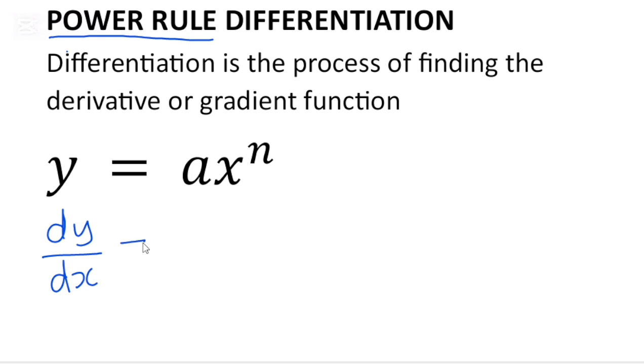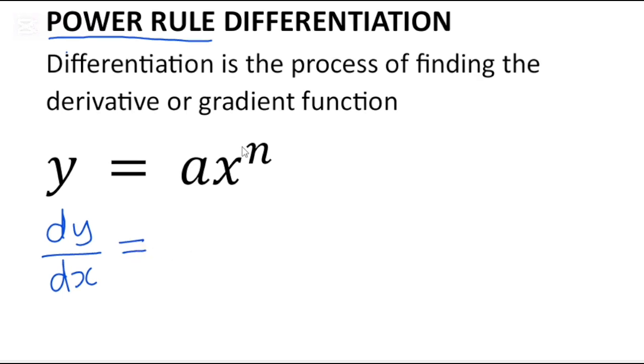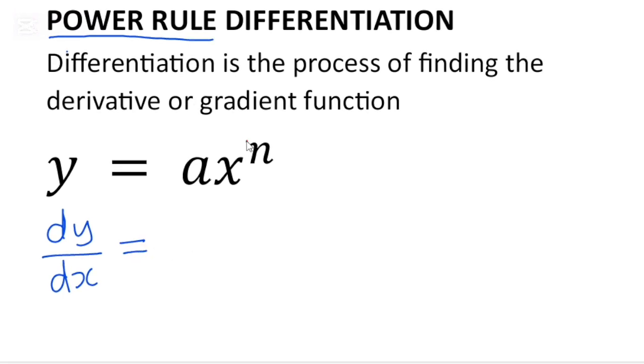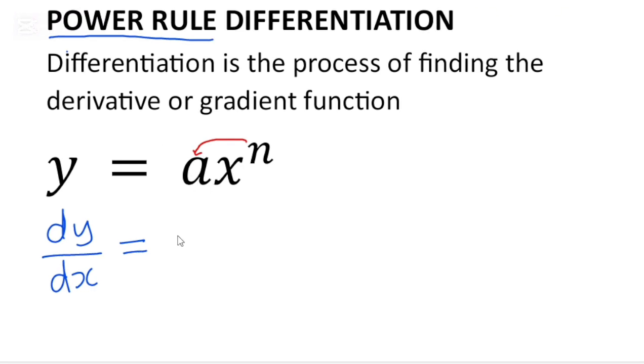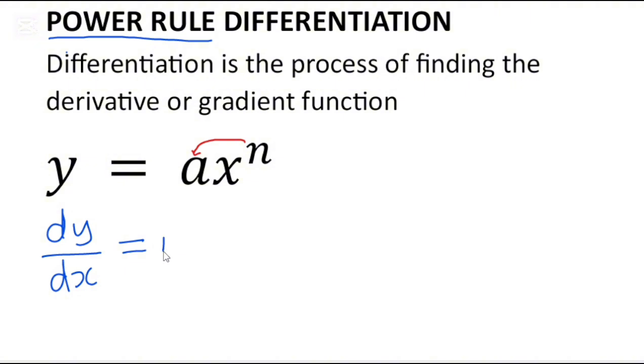So we're going to say is equal to. To differentiate means you are going to multiply this power by the constant or the coefficient of x. So we are going to have n times a, then times x to the power n.